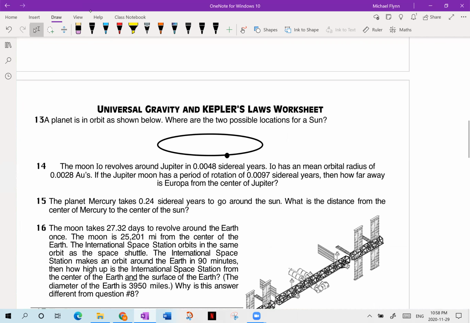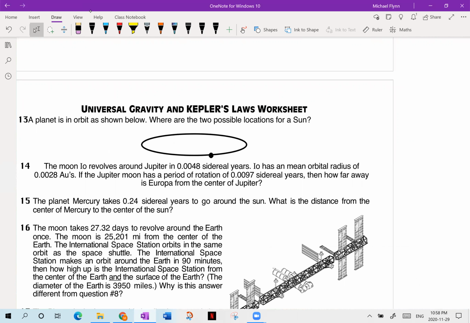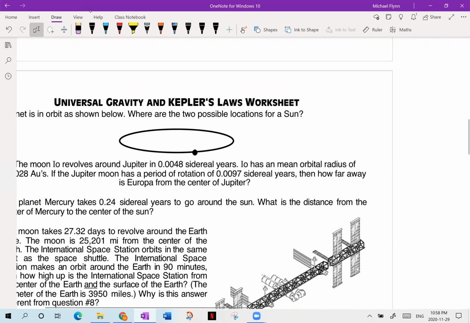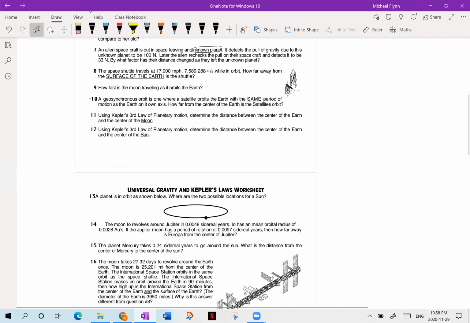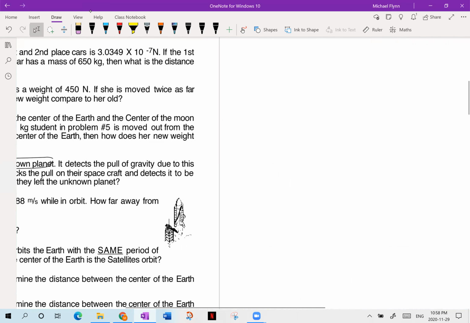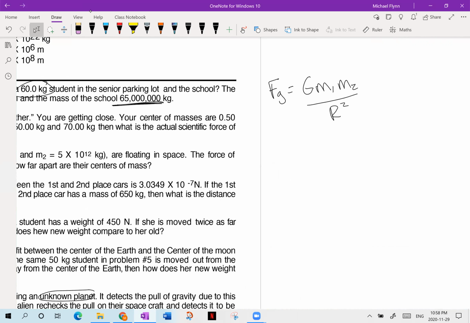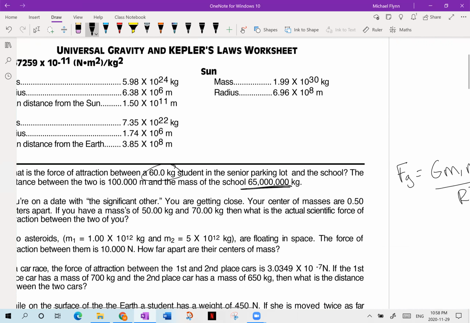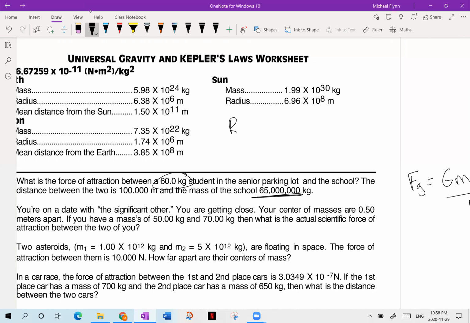Now, by the way, you can use Kepler's formulation of this. I call it the Newton-Kepler formulation. So keep this formula in mind. Here, I'll write it over here for you. R cubed over T squared equals G times M_s, the mass of the sun, usually the thing that's in the center, divided by 4 pi squared.